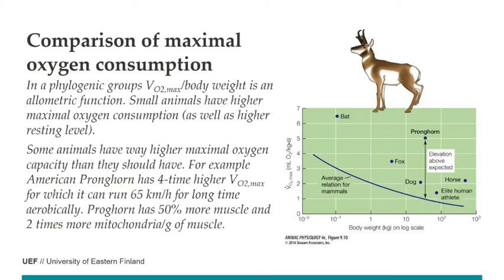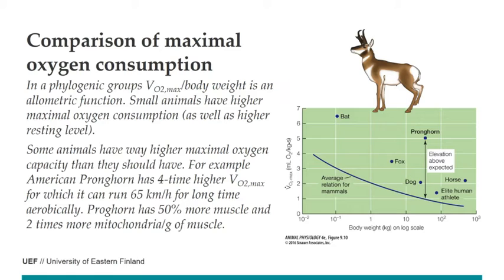One of these is the American pronghorn. It has about 4 times higher maximum oxygen consumption rate, with which it can run 65 kilometers per hour for a long time. It's not the fastest animal or fastest mammal on earth, but it might be the fastest long-distance runner.